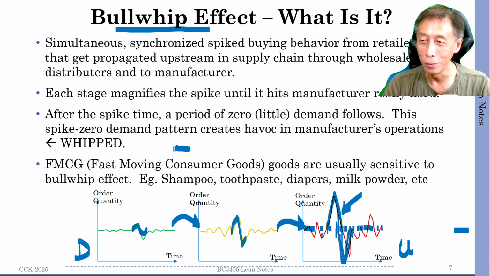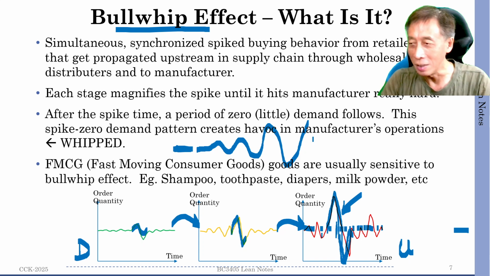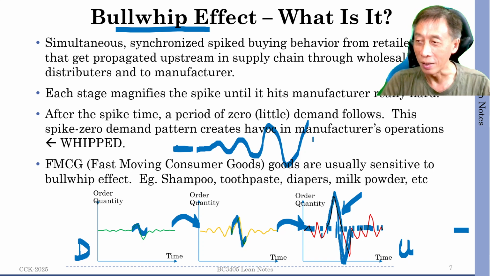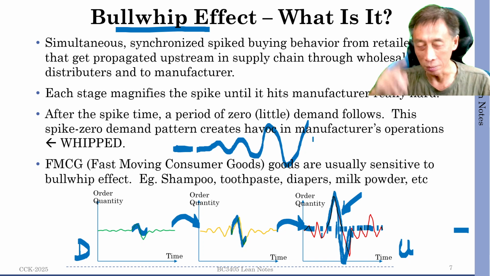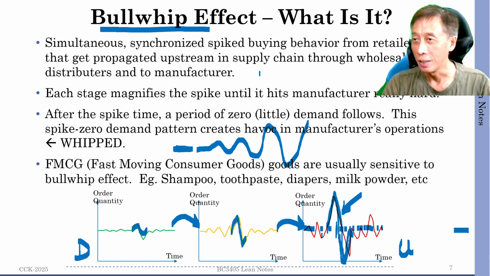So the bullwhip's handle is here, and when you whip, the handle has the least swing, right? And then at the end, this part that hits the bull's skin is going to have the biggest swing in magnitude, and that's why this name was given to describe this effect.